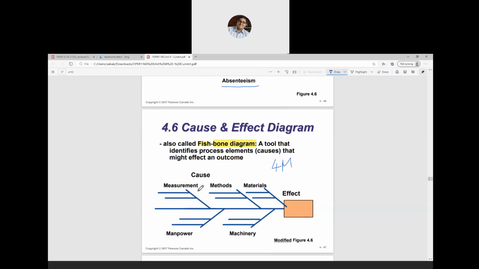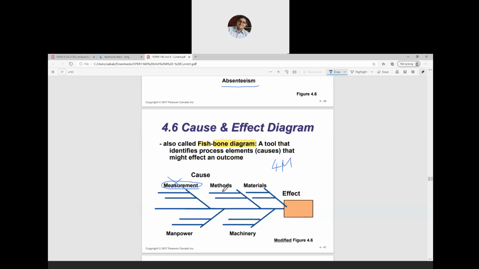We will not be looking at measurement. Measurement can also be used, but we are not focusing on that. Our focus is always on man, machinery, materials, and methods. So we try to put these four aspects and try to identify why a certain reason has happened.